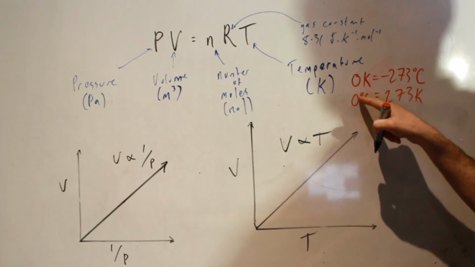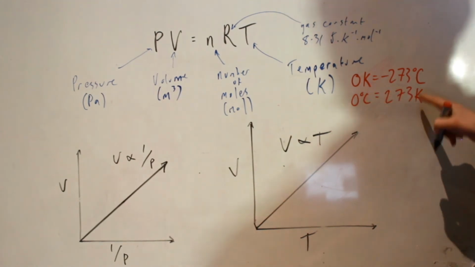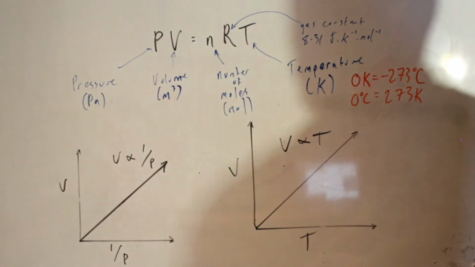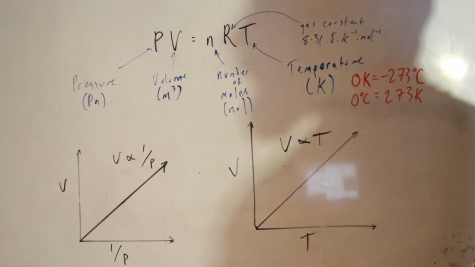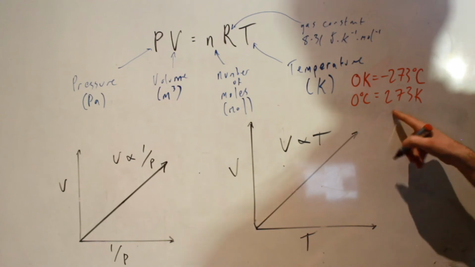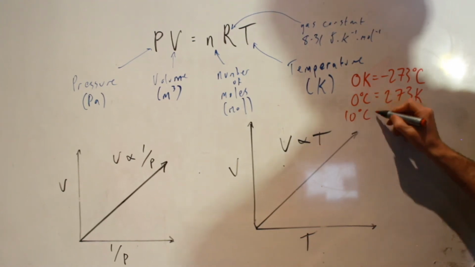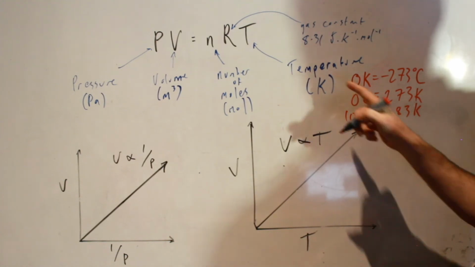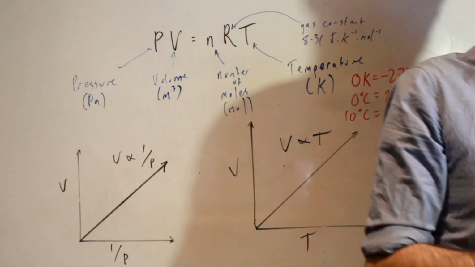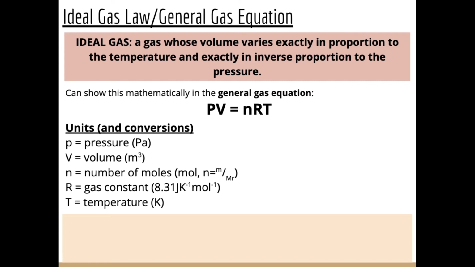One thing about Kelvin is you don't have a little degree sign, it's just K. There's no degrees K, just K. So if you want to convert between Celsius and Kelvin, you simply add 273. So 10 degrees Celsius would be 283 Kelvin. You've got to make sure your temperature is in Kelvin for your ideal gas law.